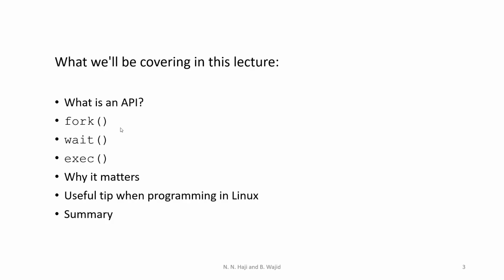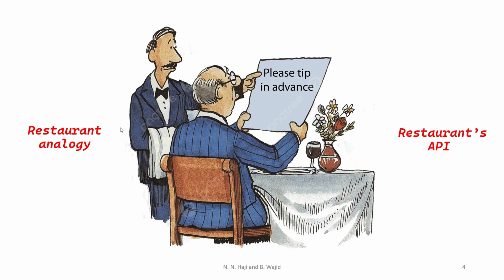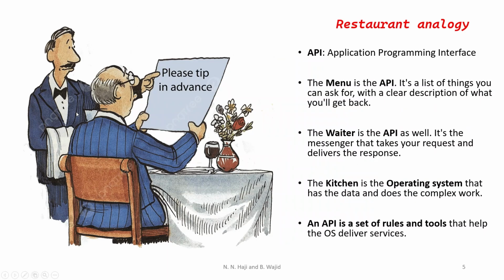And a minor summary. Now, coming back from the previous lecture, we looked at the restaurant analogy to explain what an API is. In this particular example, the API is basically the waiter that helps communicate between the kitchen, which is the operating system, and the user here. The user can communicate with the operating system through the menu.